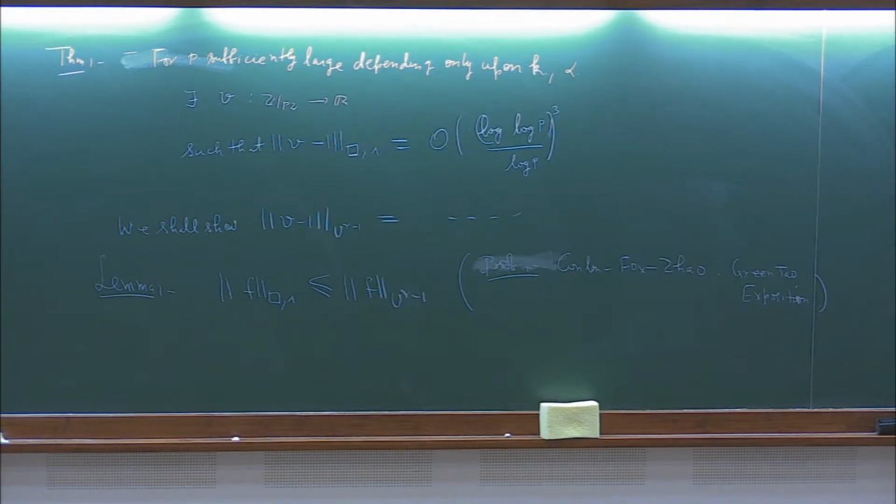Although we are in a position to apply this particular theorem, what to do with it? We can't do anything with this theorem unless we know that if f is equal to f1 plus f2, once we have this theorem, we know that the count for f1 is large.